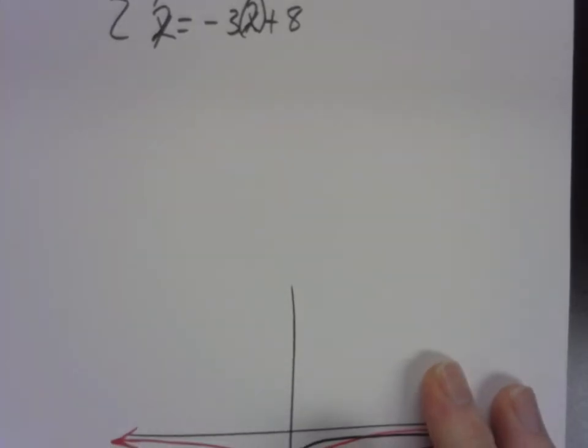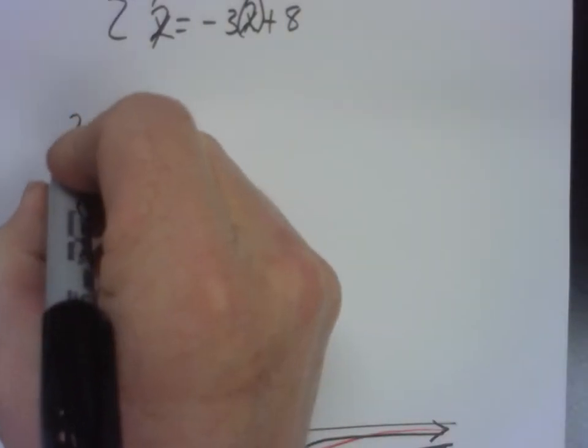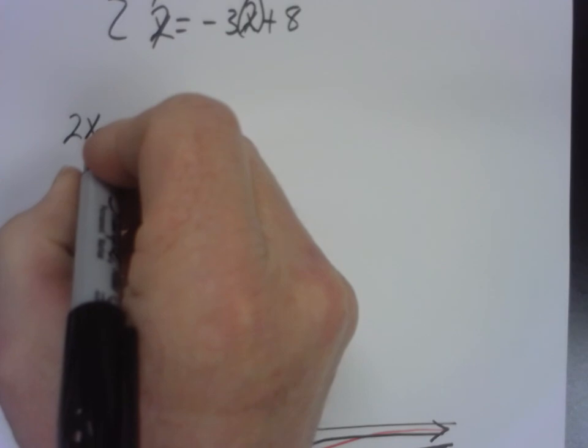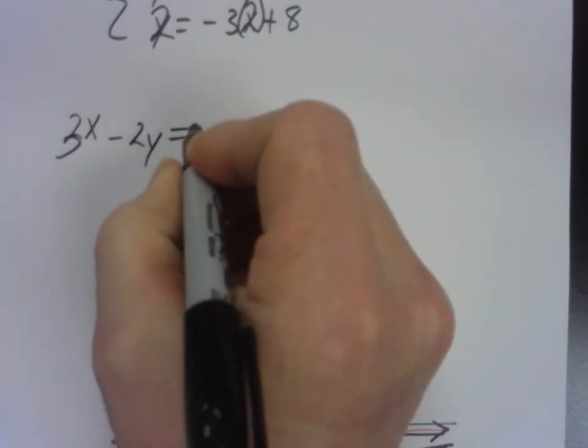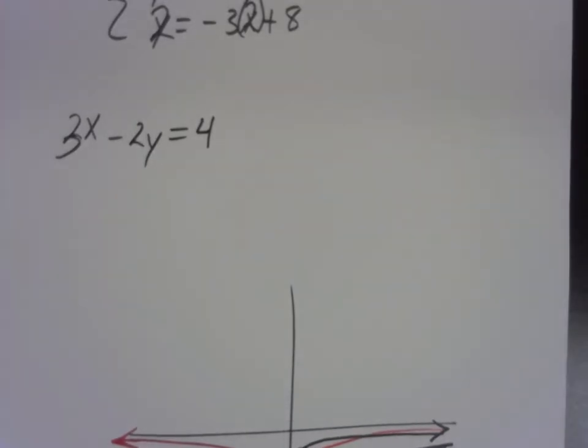Probably, for you guys, graphing something like, let me make that a 3. Graphing these. How do you want to do this? Get y by itself. Okay, you want to solve for y. So how do we do that?